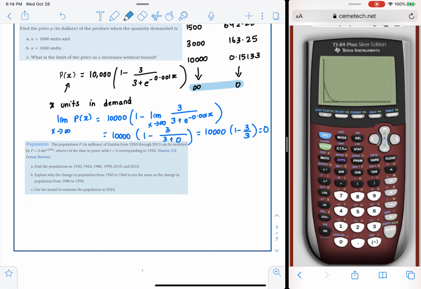The population of Zambia from 1950 through 2013 can be modeled by that expression, which is p equal to 2.49 e raised 0.0276 t. And t is the time in years, and t equals 0 would simply mean the year 1950. The expression p, I could also write it as p of t.